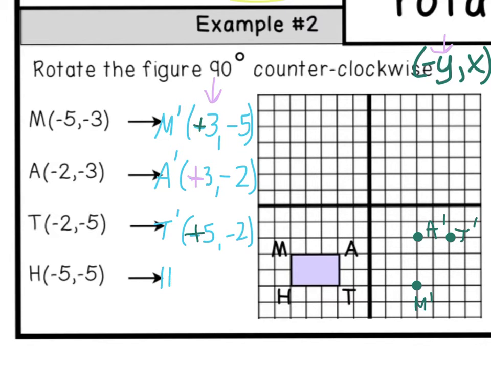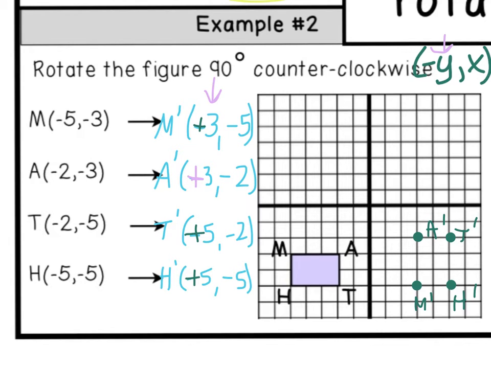And then moving on to H prime. We're going to reverse these. And then that front term becomes the opposite. So let's plot that. It's going to be 5, negative 5, so that goes right there. And then mark that H prime.